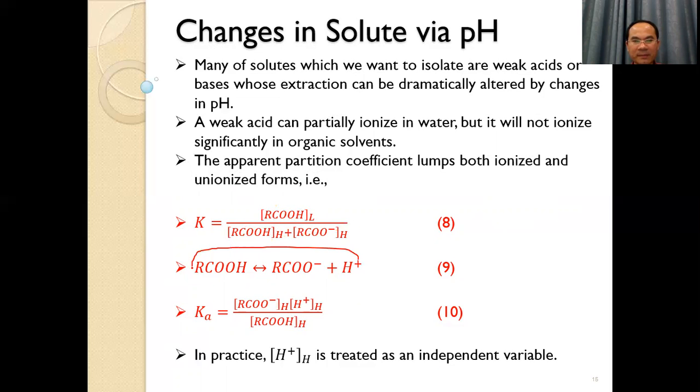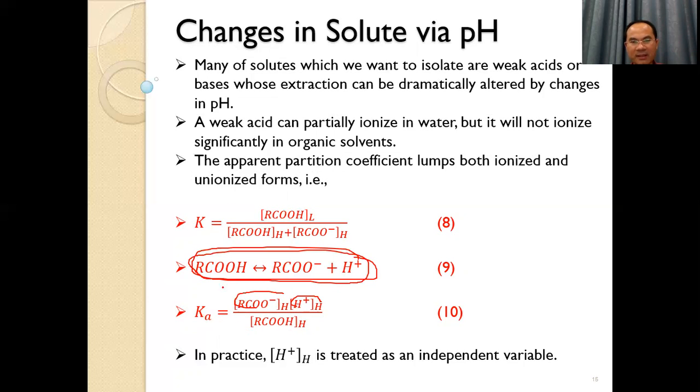From this equation, the organic acid is ionized as RCOO minus and H plus ion. And then Ka is the dissociation constant. The dissociation constant is the negative charge and positive charge divided by the unionized species.